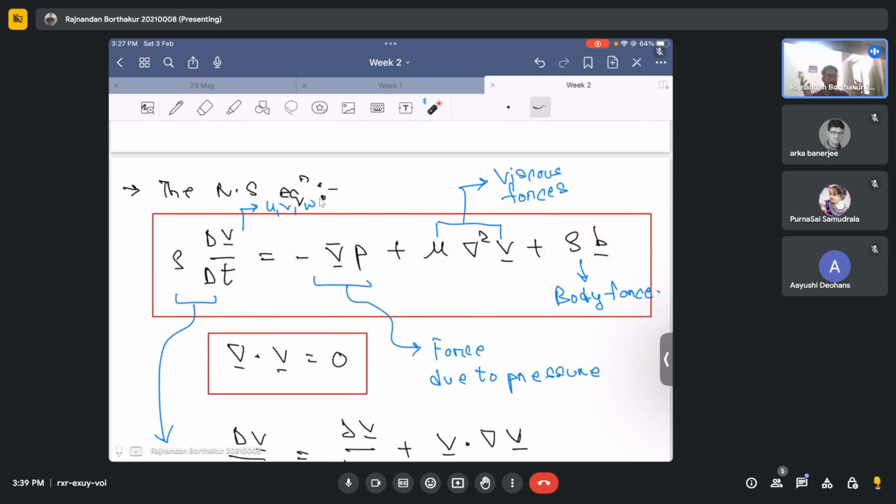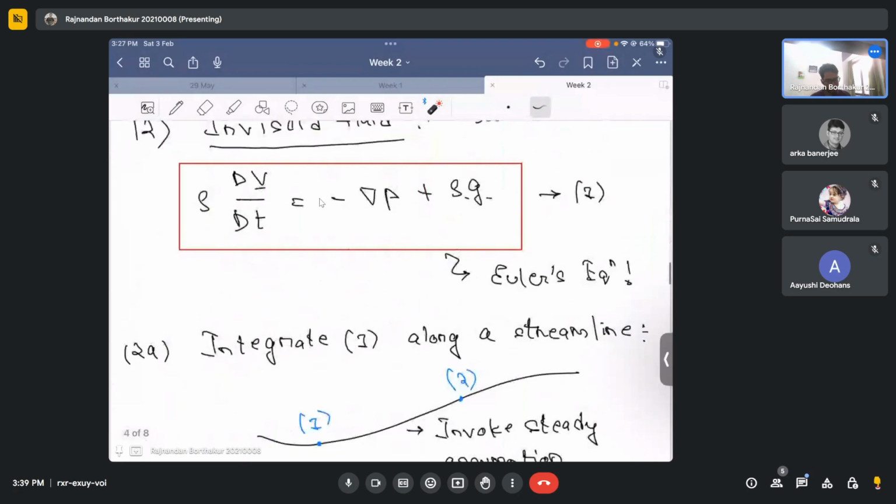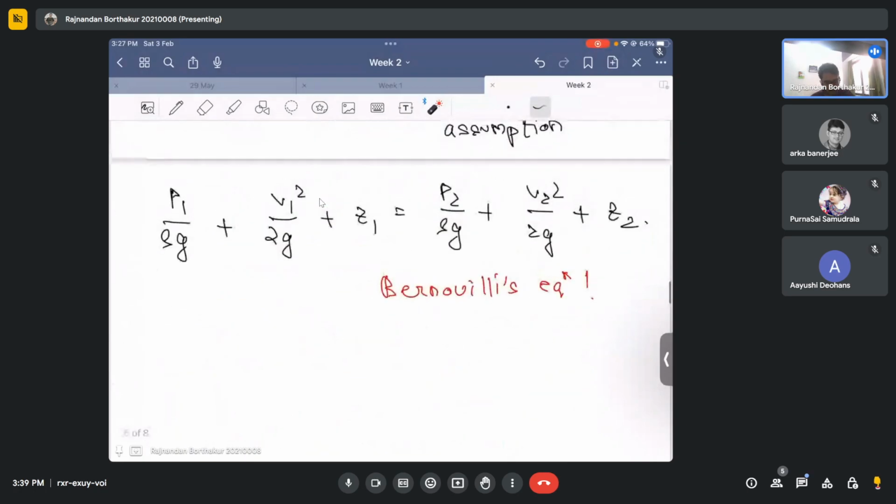And under a special case, when we treat the fluid to be inviscid and we invoke the steady state assumption, we get the Bernoulli's equation when the Euler equation is integrated along a streamline. So these are the special cases that we saw.